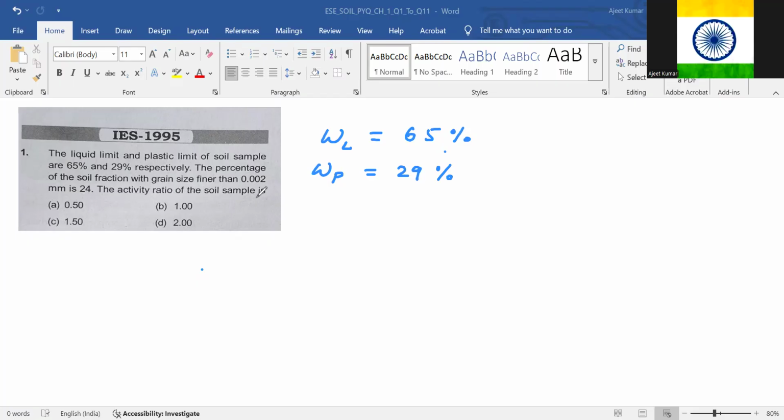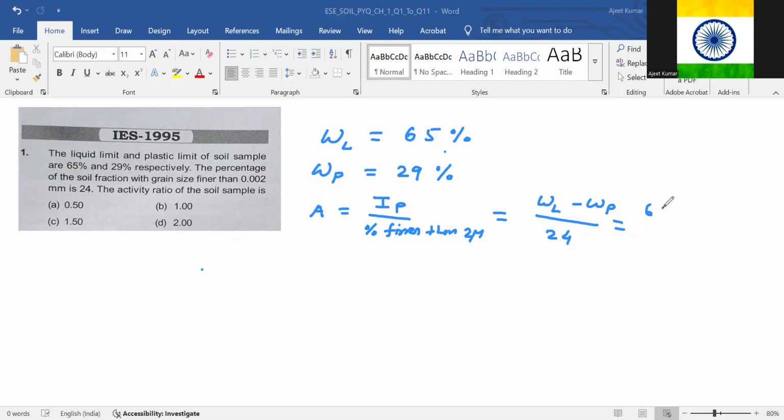The activity of the soil sample is, so activity is equal to IP divided by percentage finer than 2 micron. IP is liquid limit minus plastic limit, which is the plasticity index, divided by 24, as given.